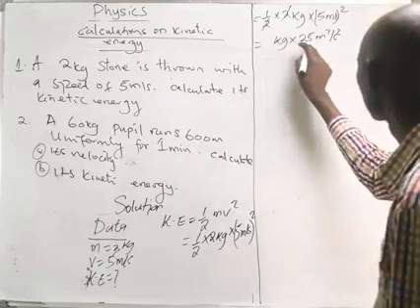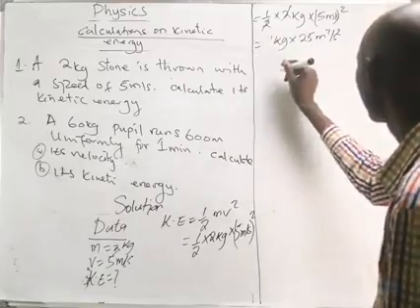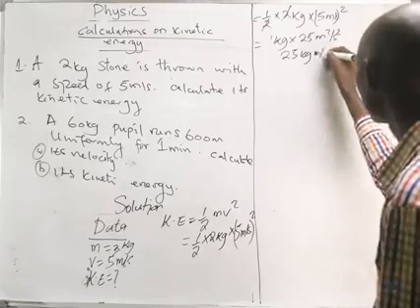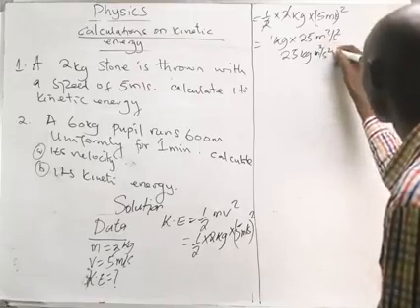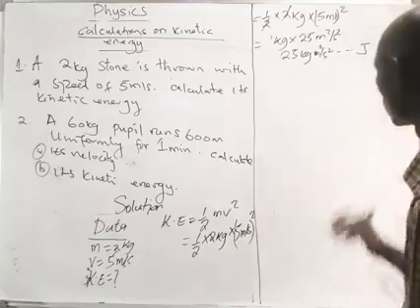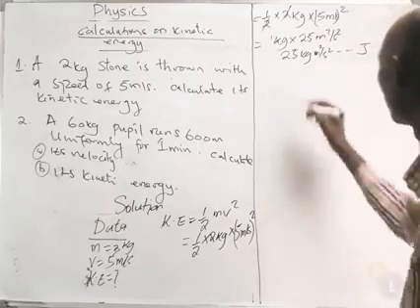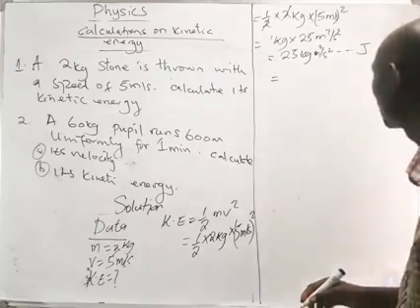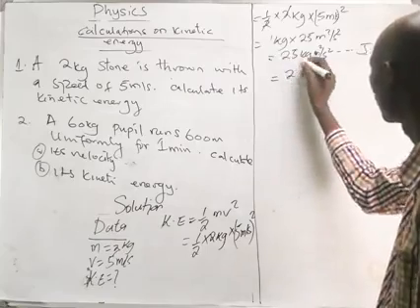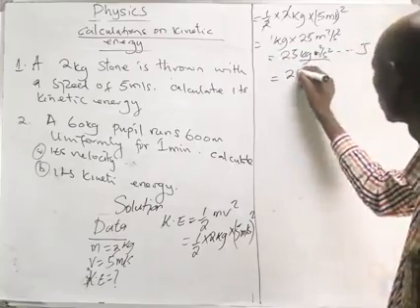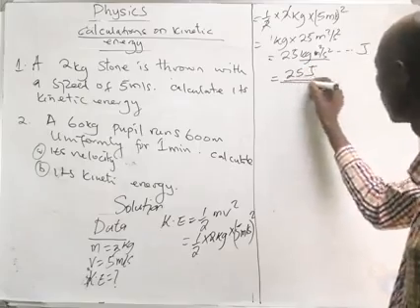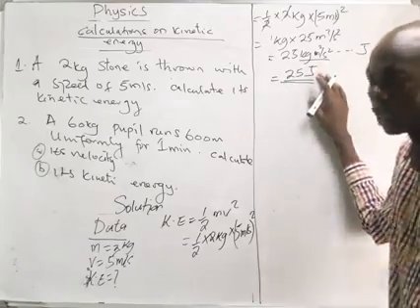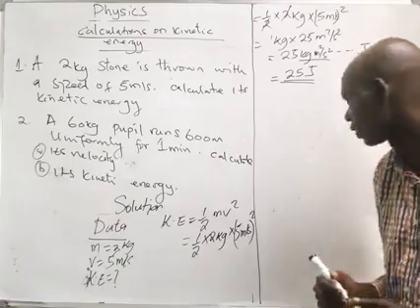That will give us 25 kg meter squared per second squared, which is equivalent to a joule. So we can therefore say our kinetic energy is equal to 25 joules. So remember to write the correct units at the end of your calculations.